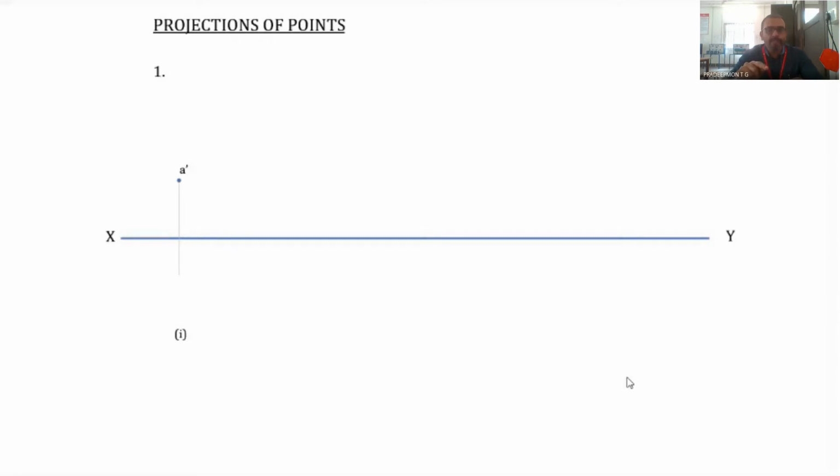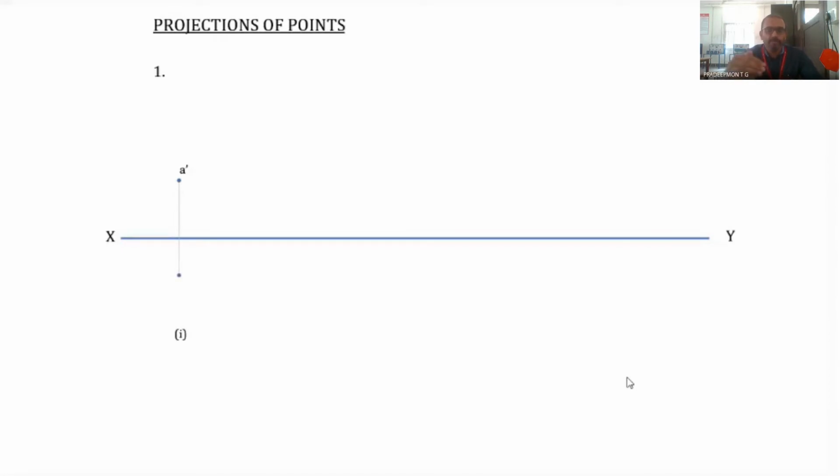You only have to put a small point there, so that we will be able to identify where this particular point falls. Because in most cases the projector will be of a larger length than required, you can draw it to a larger length, and then only the distance that is required can be measured and marked. So A dash is marked.